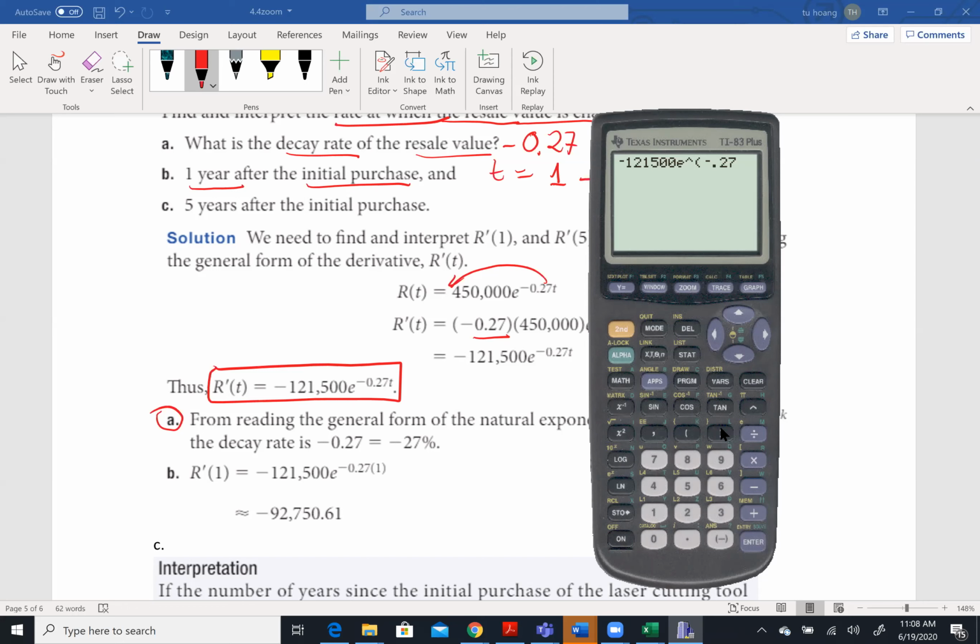Oh, actually, you don't need to times 1. So it's going to be negative 0.27. And enter, that's going to be negative 9270.61 approximately.